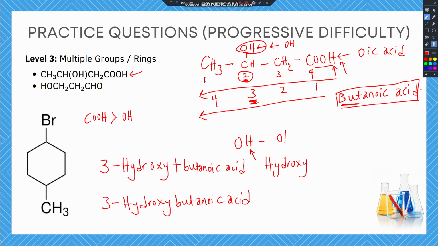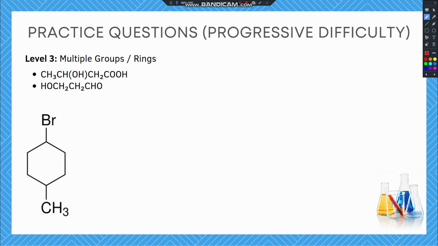So let's deal with the name of the second compound. The second compound, we have CH2 having an OH functional group bonded to CH2, which is bonded to CHO. All right, so let's go ahead and name this compound. First thing we want to do is to identify the longest continuous chain.